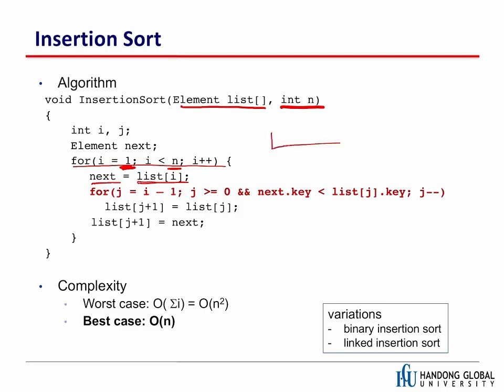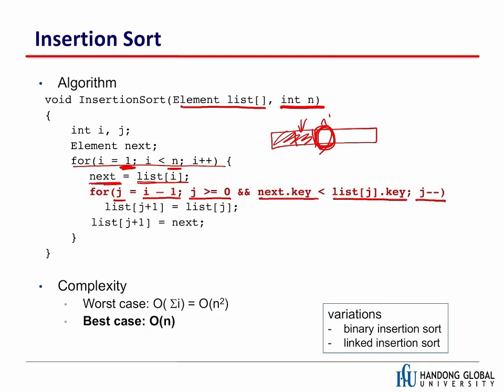So in this list, let's say these are already sorted, and this is our i, and we copy this element to next. Now j goes from i-1. Since this one is i, j goes from here. As long as j is positive or 0, and as long as next's key is smaller than the list[j] key, then j goes down.